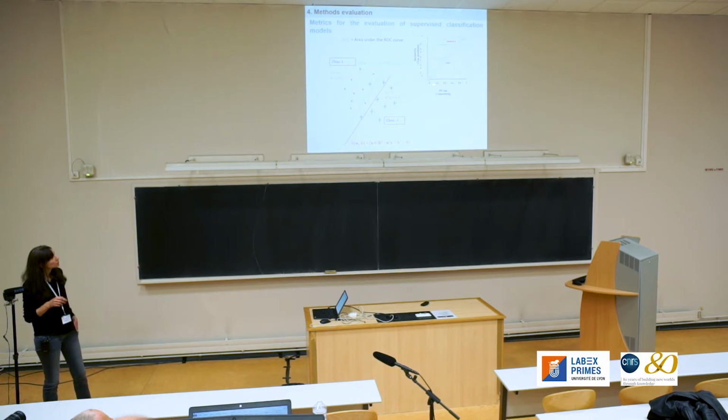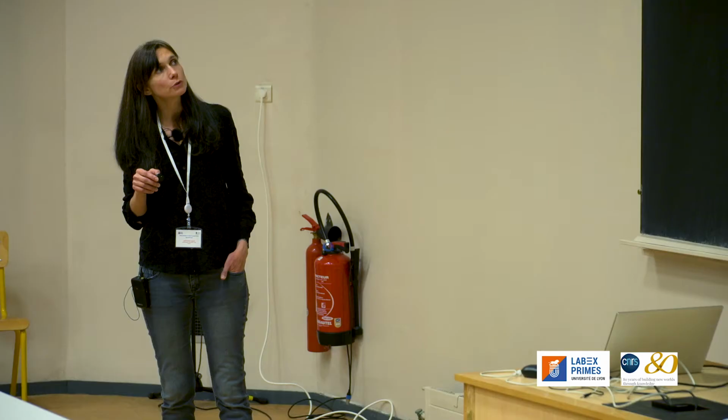And you can plot such a curve that is called ROC curve, and that will allow you to see how the sensitivity and specificity varies as a function of this B value here.